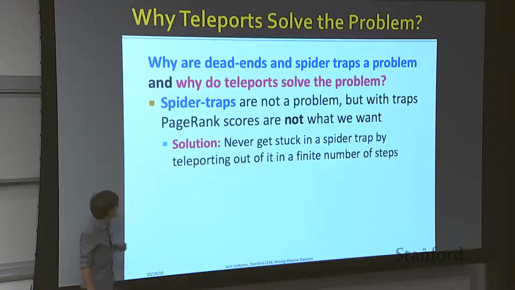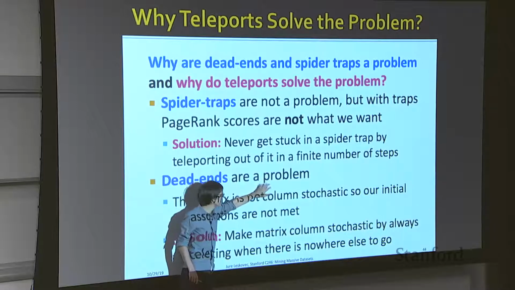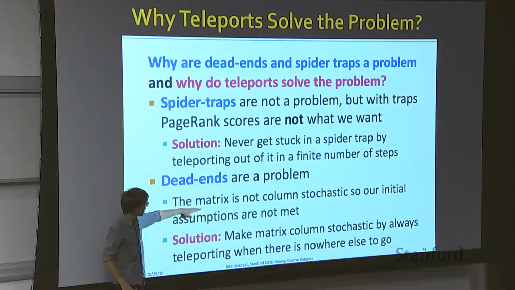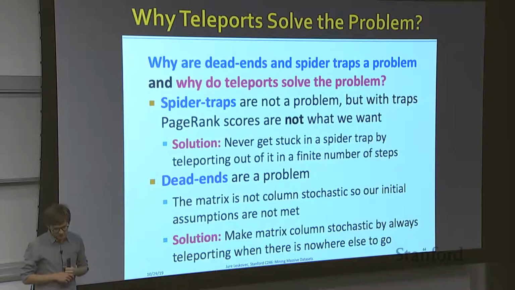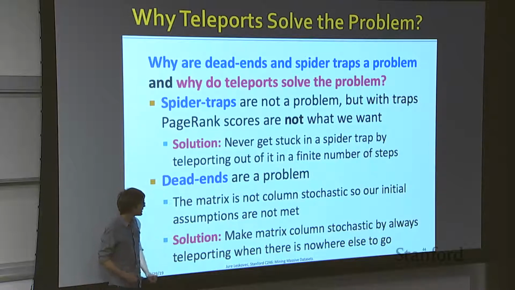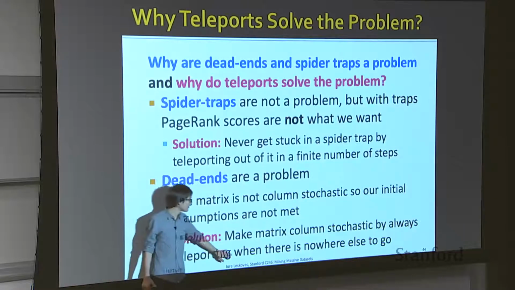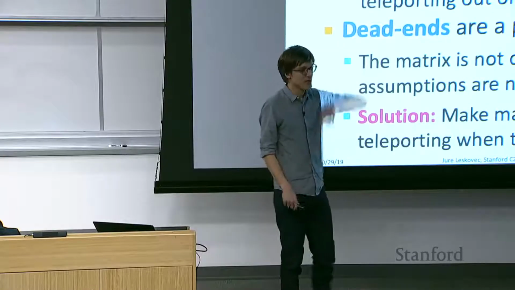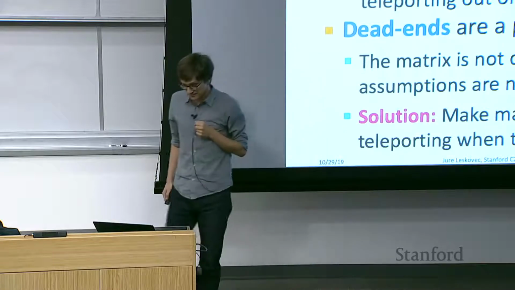That's the spider trap. And then dead ends are a problem because our method does not converge to the right thing. The point is that if we don't take care of dead ends, the matrix is not column stochastic, so our initial assumptions are not met. So the solution is to make the matrix column stochastic by always teleporting where there is nowhere else to go, right? If I come to a node that has no outlinks, I just teleport myself. All right? These are the 2 important details.